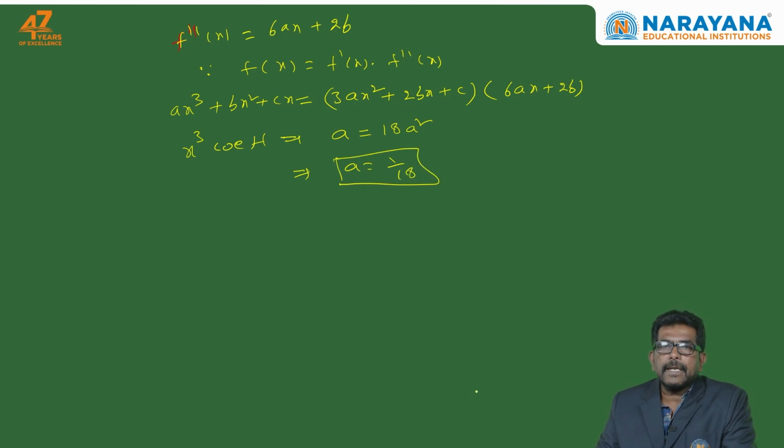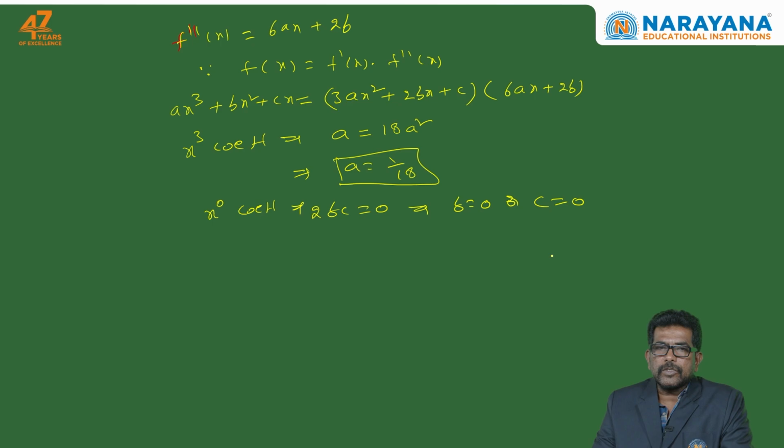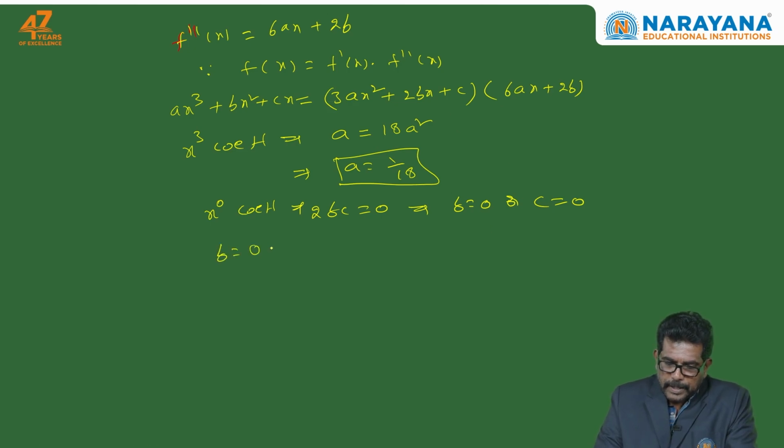Next we are comparing the constant terms. Left hand side there is no constant term. Right hand side there is a constant term, that is, comparing x to the power of 0 coefficient, 2bc is equal to 0. So from this b is equal to 0 or c is equal to 0. First I am going to take b is equal to 0.